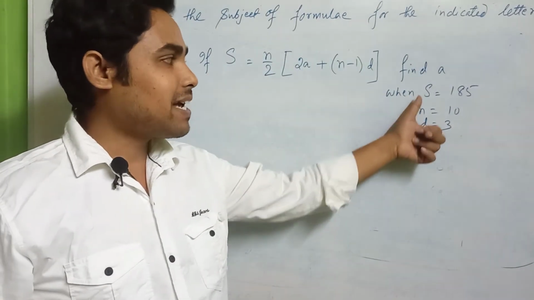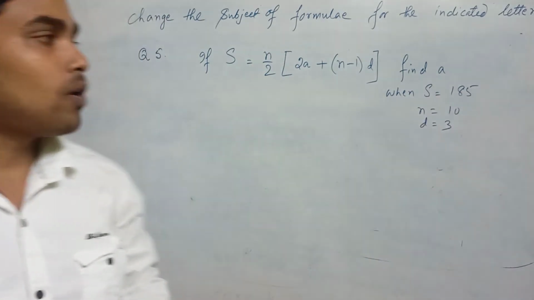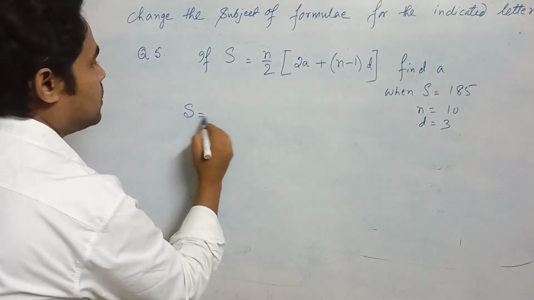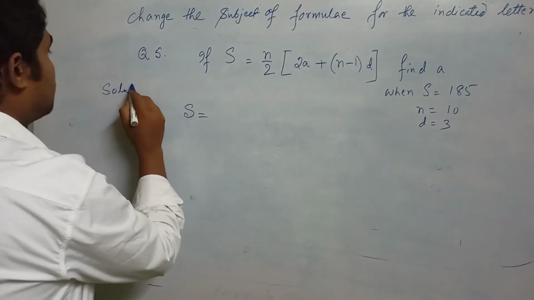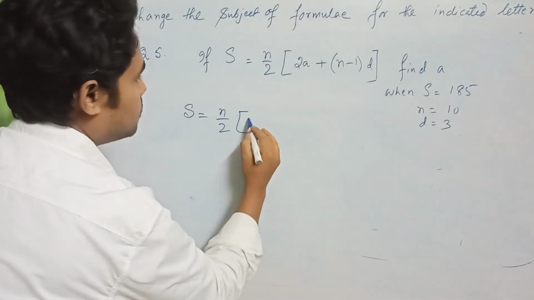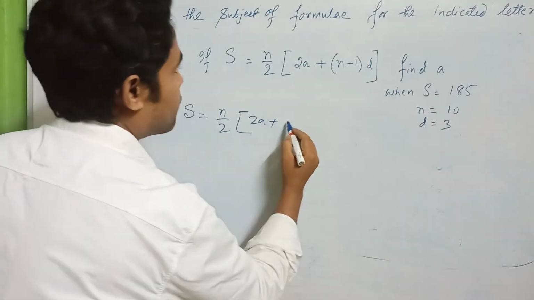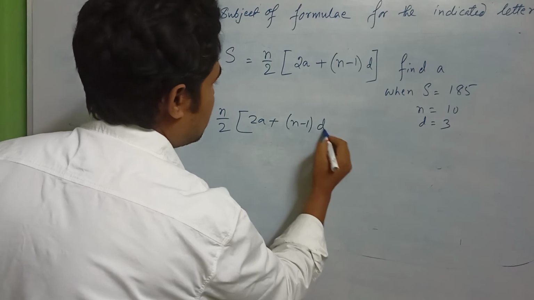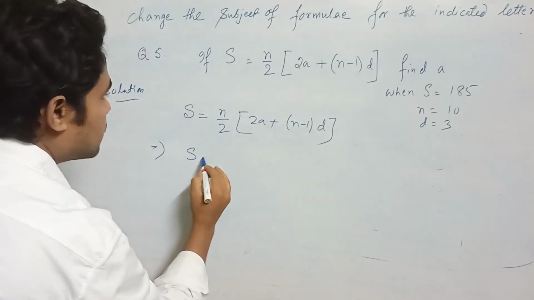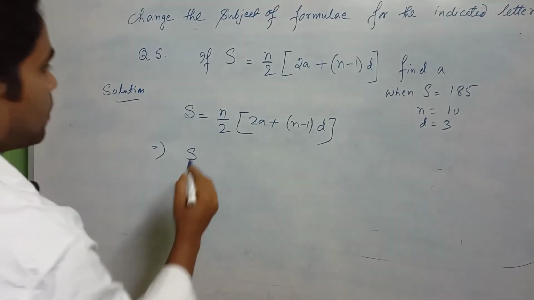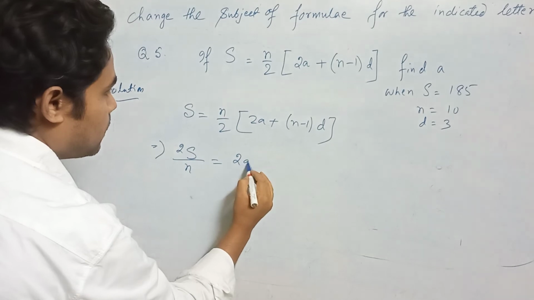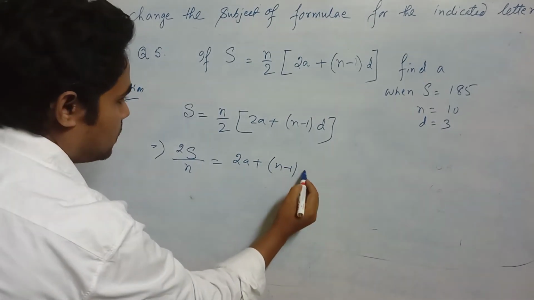The values of S, N and D are given, only we have to find out the value of A. Solution: S equal to N by 2, 2A plus N minus 1 D implies 2 into S by N equal to 2A plus N minus 1 D.